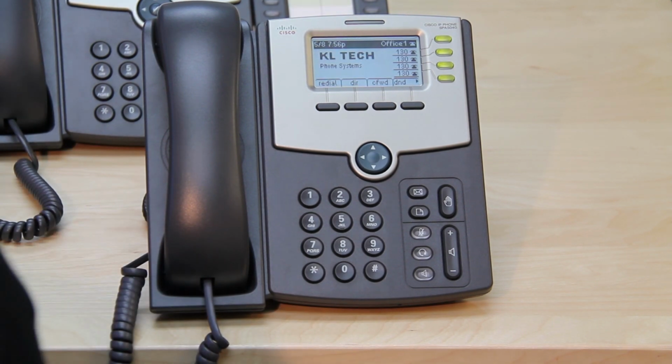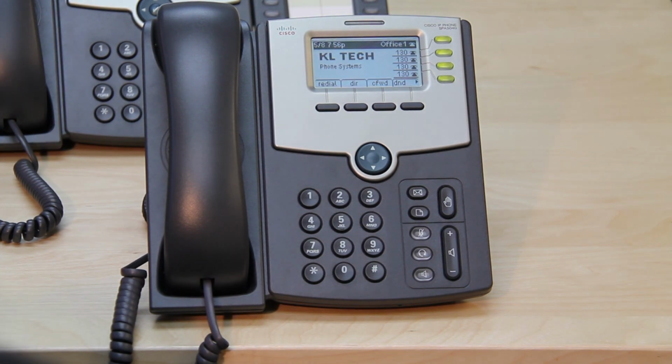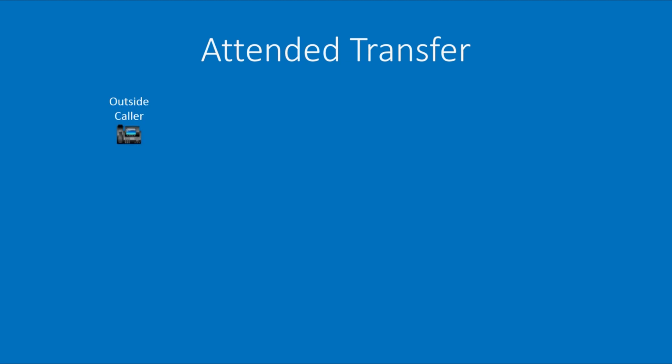Now the second type of transfer is the attended transfer. So in this example, again, we have an outside caller who calls in, the receptionist takes the call, and this person asks for a certain executive. We don't know if the executive wants to take that call or not. So we hit the attended transfer or XFR on the phone.